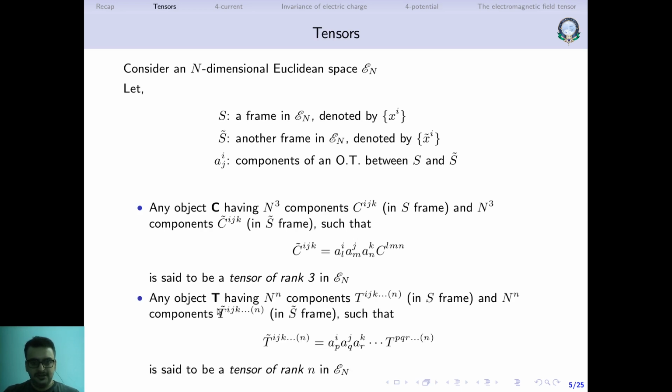In general, any object T having n^n components, T_ijk..., with n indices in the S frame and similar components in the S̃ frame, if it undergoes n such transformations, we call it a tensor of rank n in E^n.